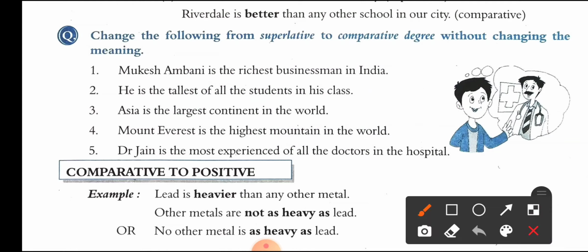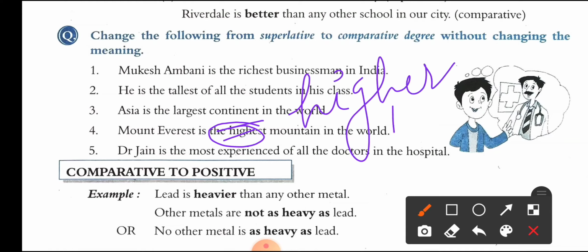Mount Everest is the highest mountain in the world. What you have to replace? The highest, right? So the answer is, Mount Everest is higher than. Please keep in mind, we are changing this to the comparative degree, and the comparative degree has than plus the comparative degree itself.